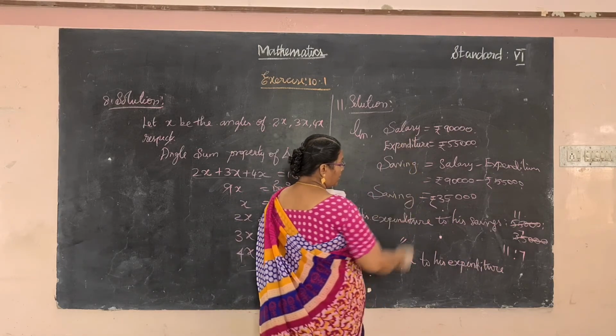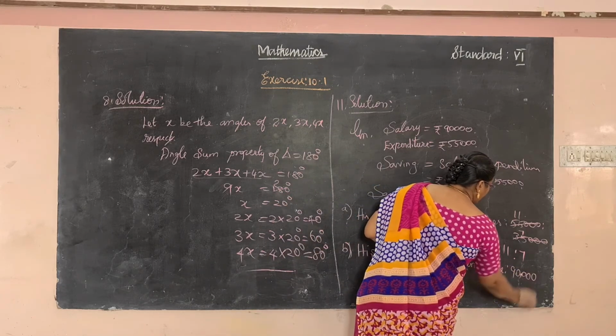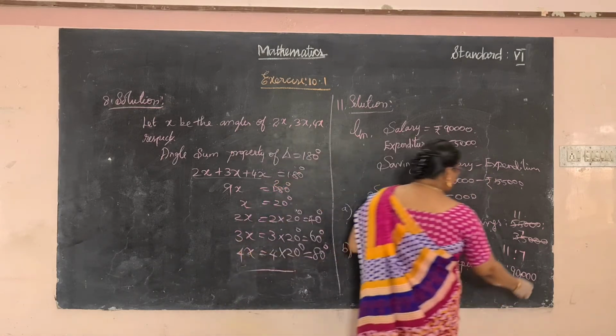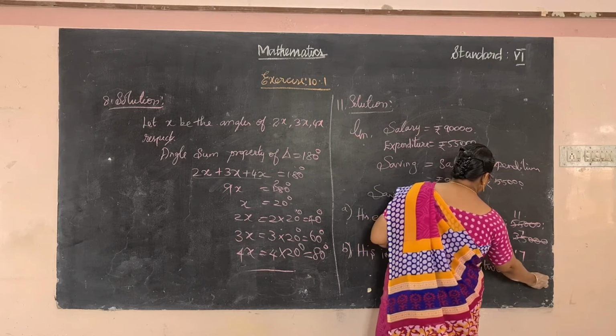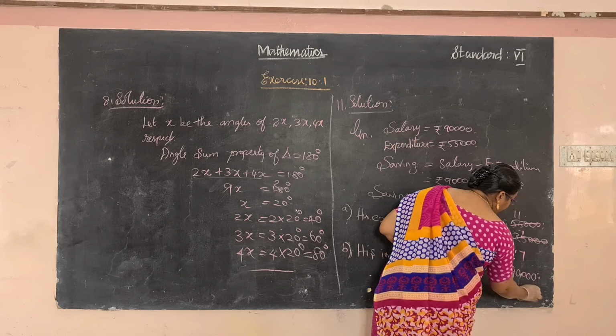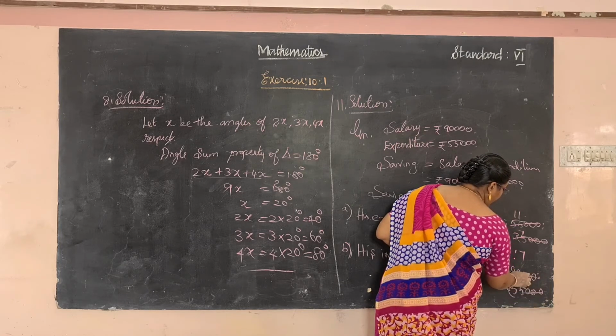Income is salary, that is 90,000, to his expenditure. The expenses are 55,000. So simplify this.